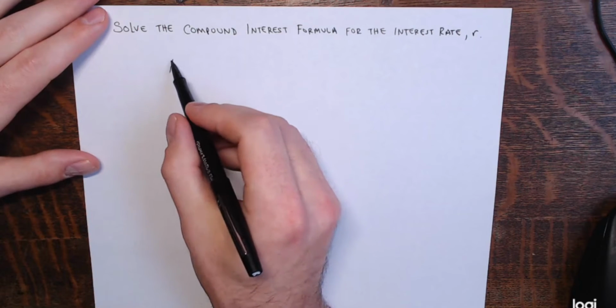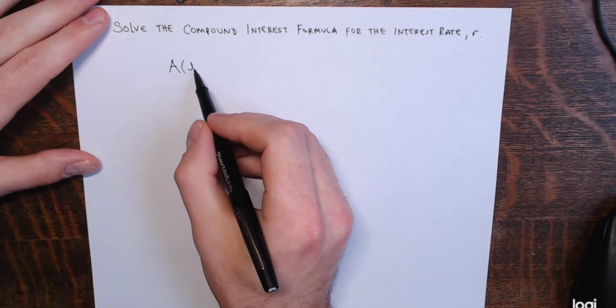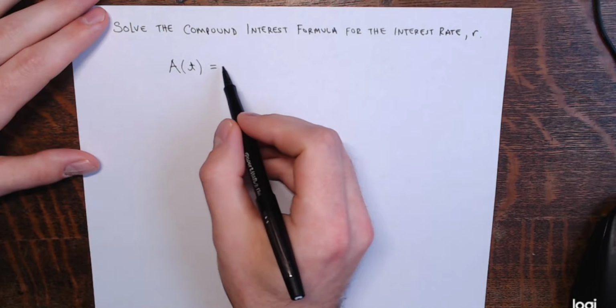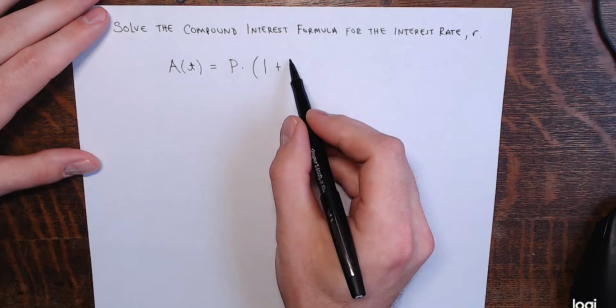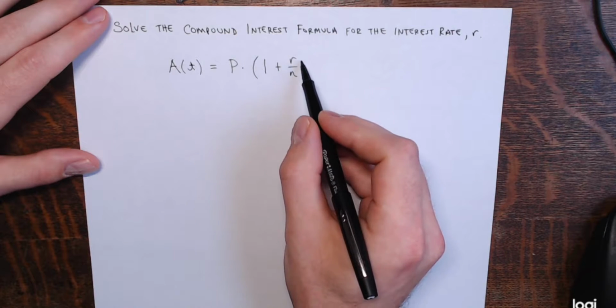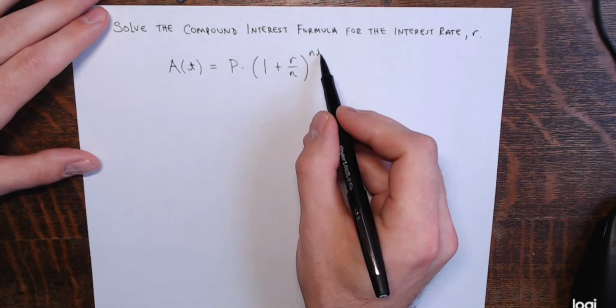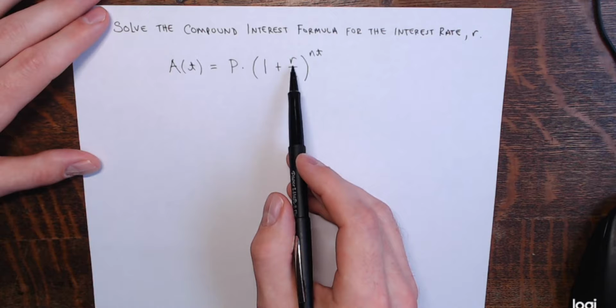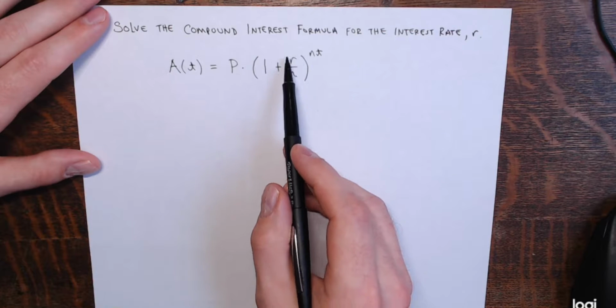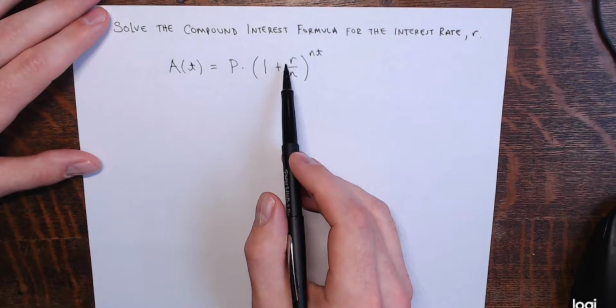So once again, here's the compound interest formula. And I want to solve for r that's inside this base here, 1 plus r over n. That's the only place where r is.